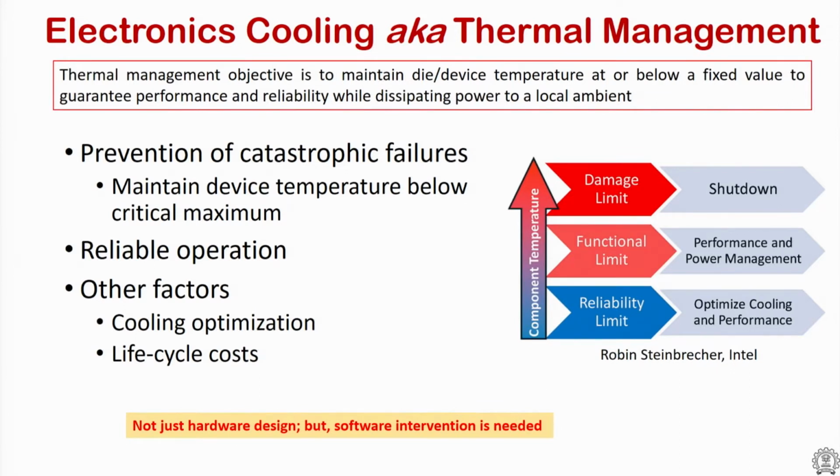So the goal of electronics cooling or thermal management is to prevent catastrophic failures. If the temperature exceeds a certain limit, then the device actually fails. There are what are called leakage currents in present-day electronics. These leakage currents have a very strong, exponential dependence on temperature.